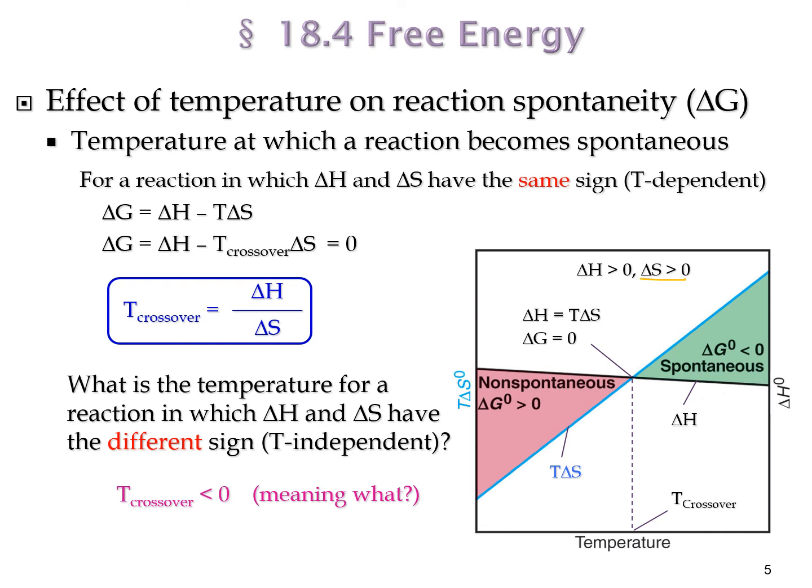We understand that temperature in Kelvin cannot be negative, right? So if we have a negative crossover temperature, that means temperature is not important. It also means this process is temperature independent. So if we wind up with a negative T crossover, we will know this process is temperature independent.